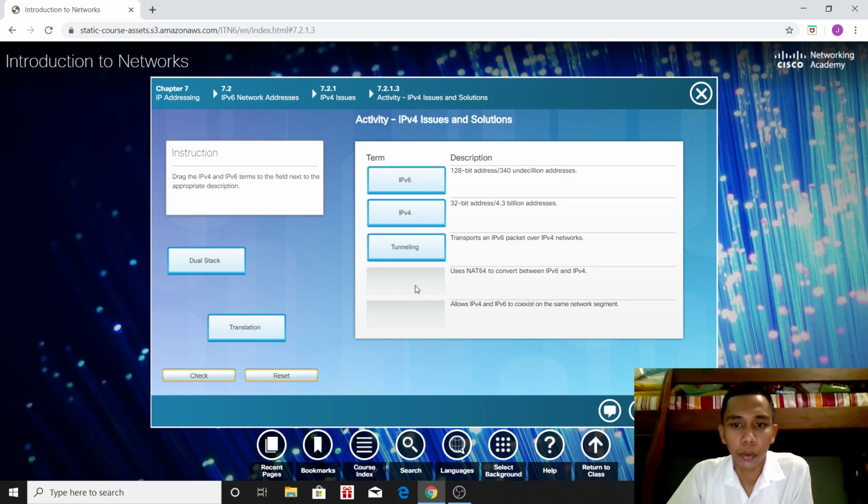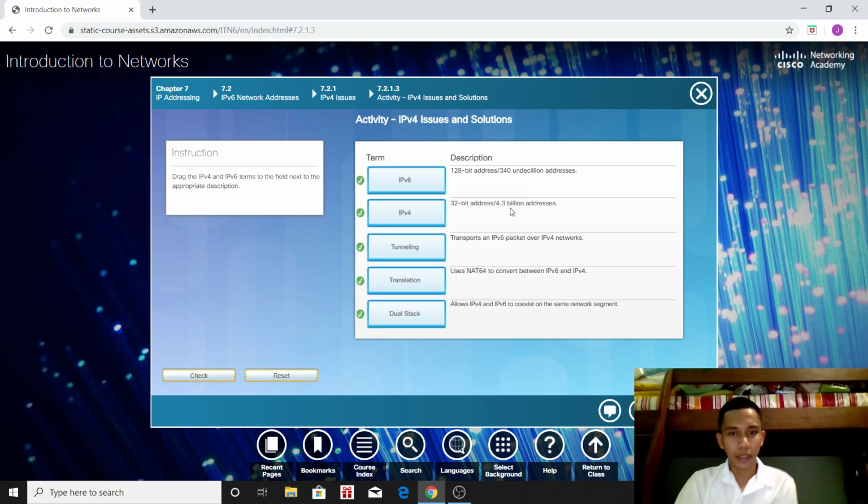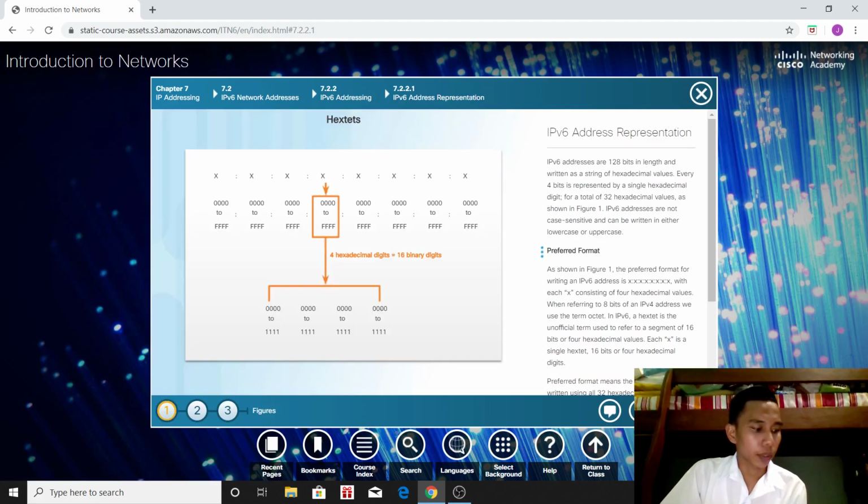So convert between means translation, and the last is allows IPv4 and IPv6 to exist on the same network segment, dual stack. So let's check. Okay, all correct, and IPv4 issues and solutions are done. Then let's proceed to the next activity.